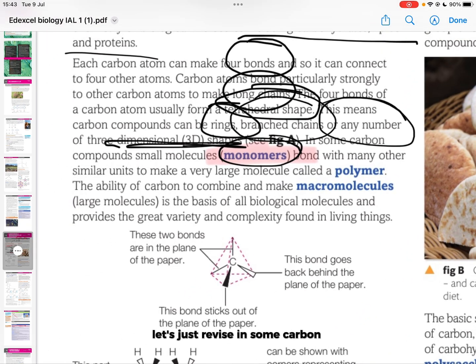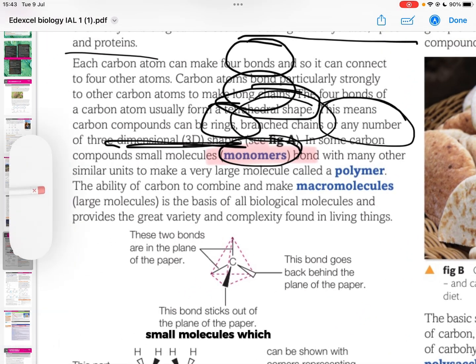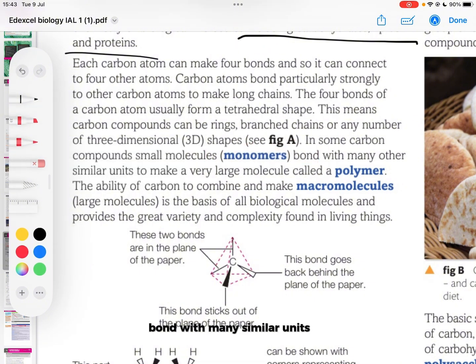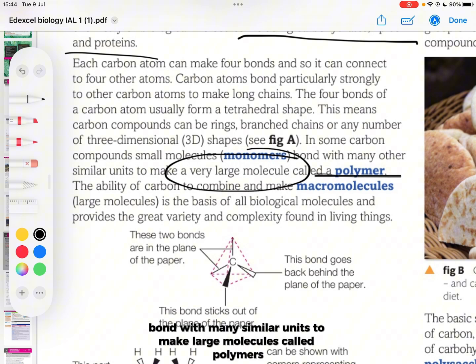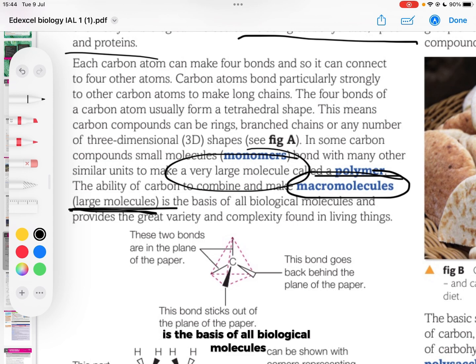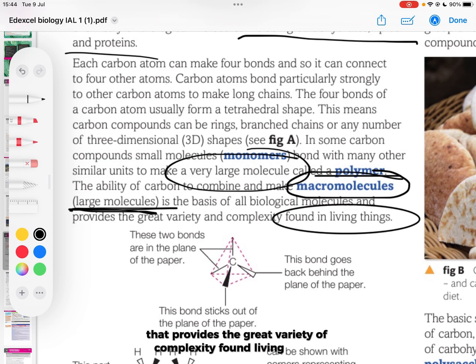In some carbon compounds, small molecules called monomers bond with many similar units to make large molecules called polymers. The ability of carbon to combine and make macromolecules, which are large molecules, is the basis of all biological molecules and provides the great variety and complexity found in living things.